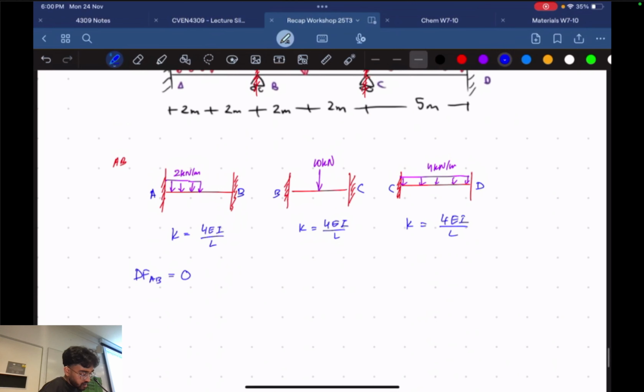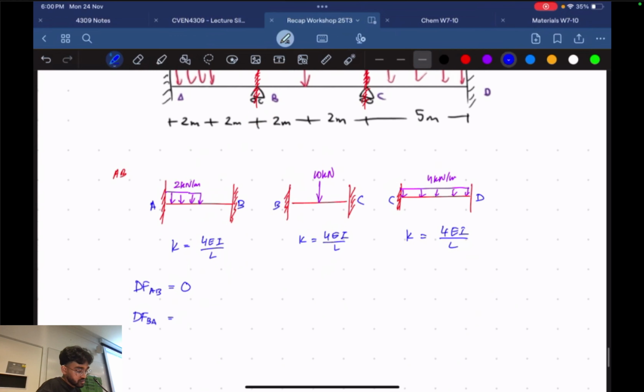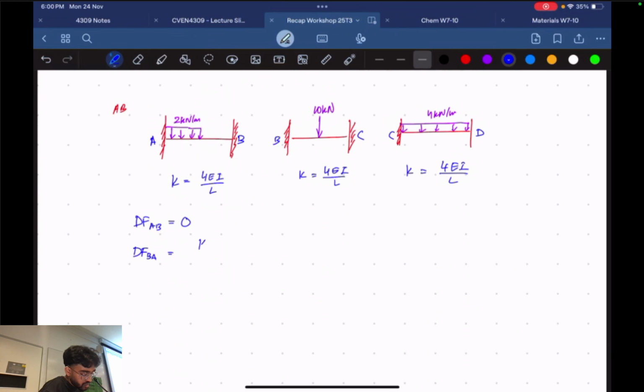Alright, DFBA, in this case it actually wouldn't be 0, even though it's fixed here. What we care about is the original structure, not the broken down one. So it would be KAB all over KAB plus KBC, which in fact just equals 0.5.